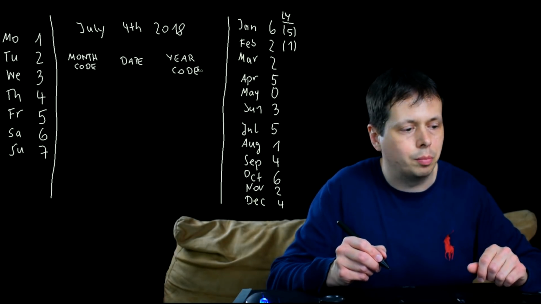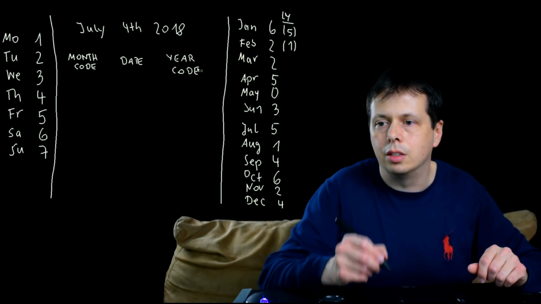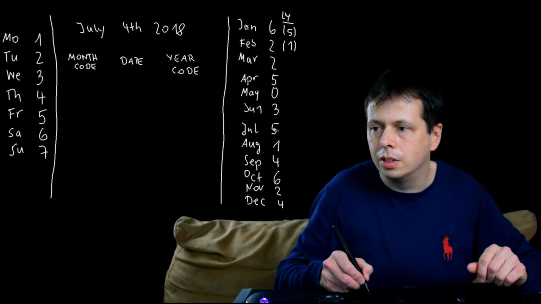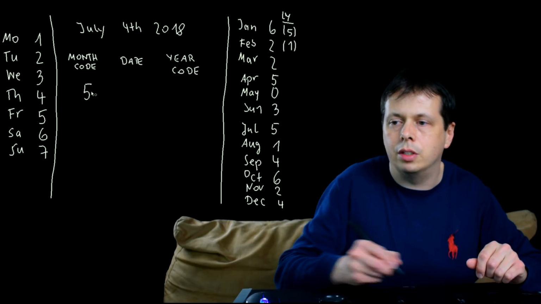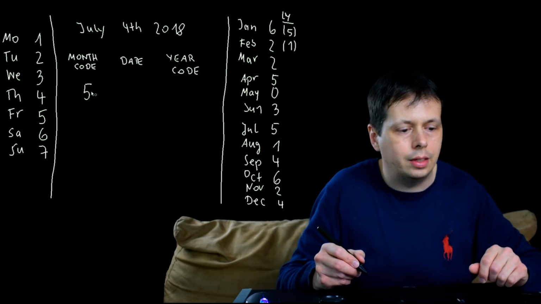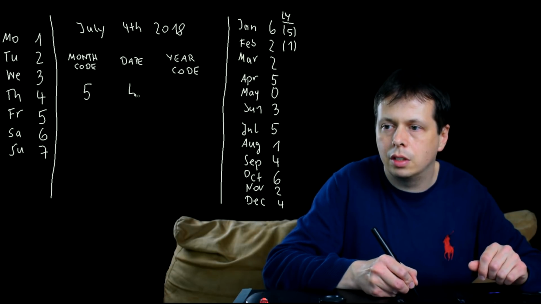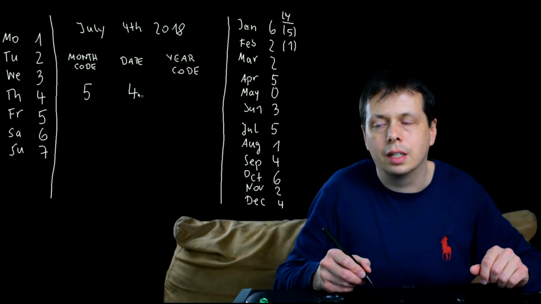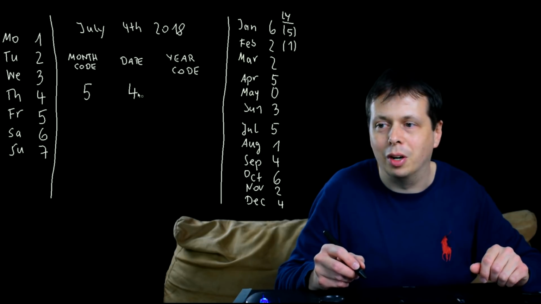The month code is for July, and July is the 5, so we can write here the 5. The date is obviously the 4, and the year code you have to calculate in the way before.